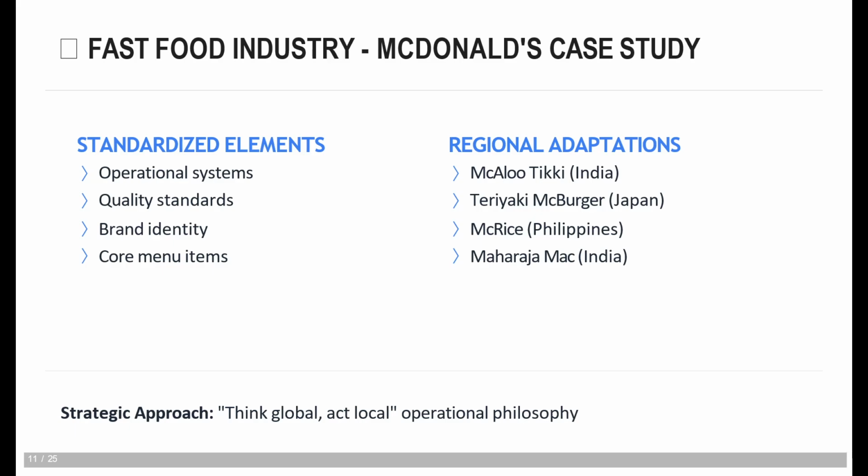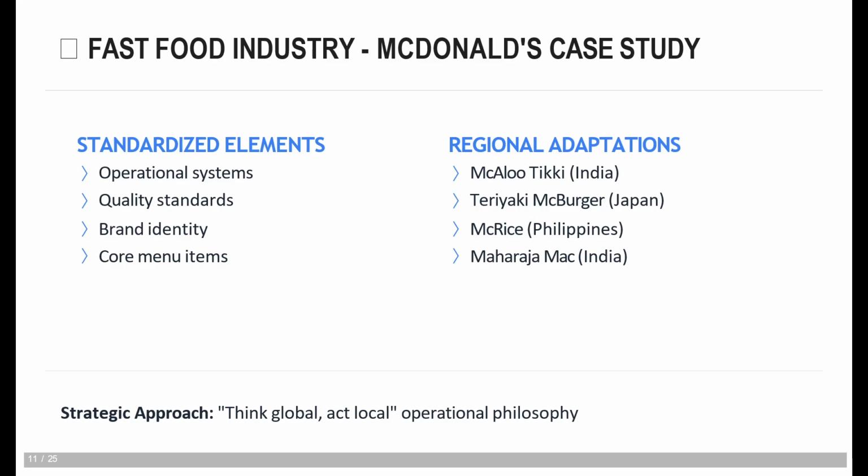In the Philippines, there's McRice. And then in India, there's a Maharaja Mac, which is chicken instead of a beef burger. Local sourcing and preparation methods are used to meet dietary and religious requirements, for example, halal certification. Next is the cultural sensitivity. Vegetarian options in India, pork-free menus in Muslim countries, and rice-based meals in Asia.